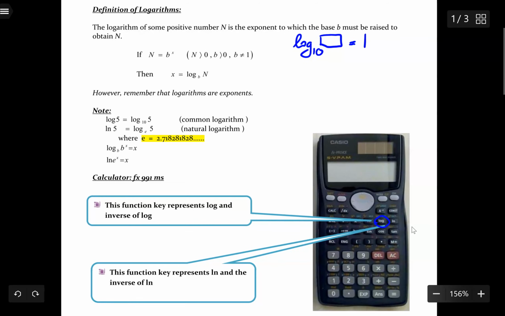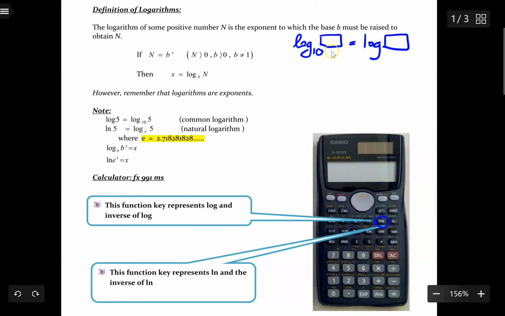It's equivalent to writing log of that argument n. So notice that this is the base 10 and I can write the 10 right here. Alright, so I don't have to write that 10. If I don't write that 10, then I must understand that this is log of the base 10.